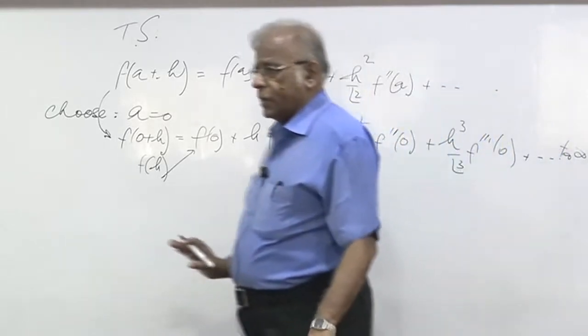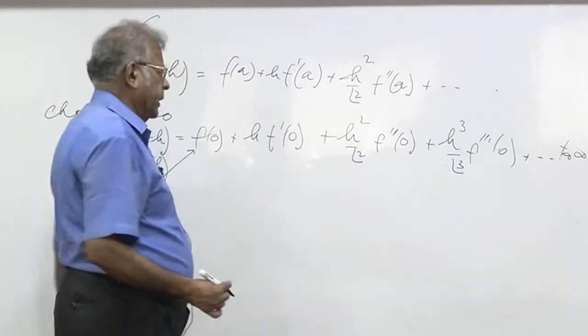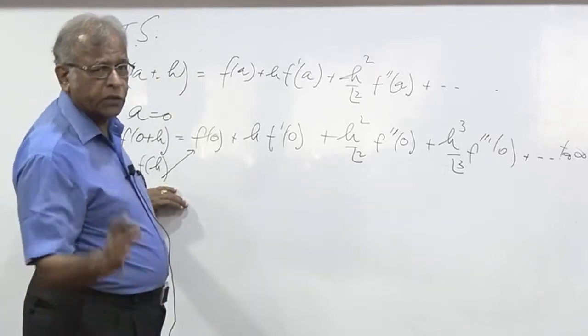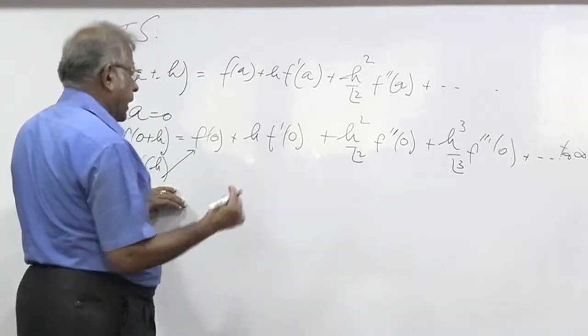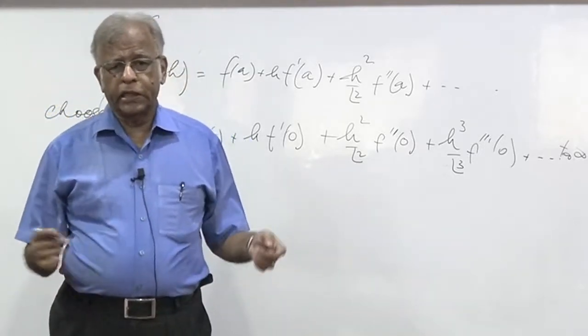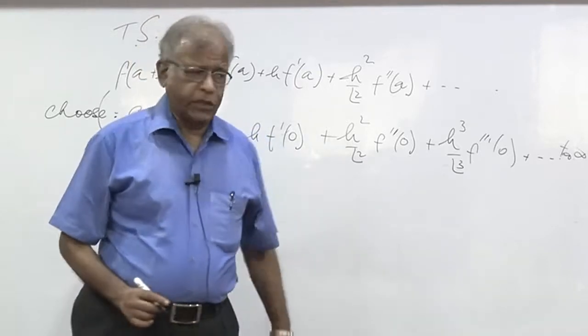Again, we get a pattern series. Here we would do one particular thing. We will replace this h, which is of course a variable, by the most general variable that we write for the independent variable. That means we replace every h by x.